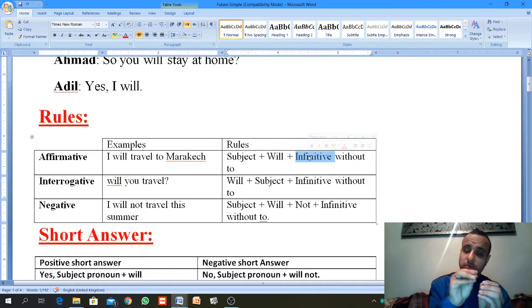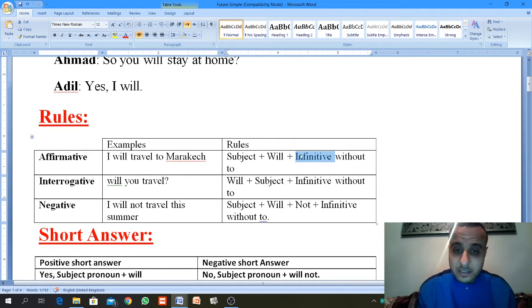The infinitive is to be, and without to, we remove to, so it is be. We say I will be, not I will to be. So subject plus will plus infinitive without to. We say I will travel to Marrakesh, not I will to travel.